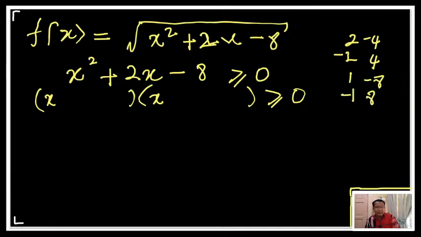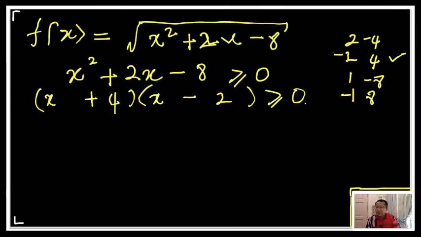Minus 1 plus 8 is 7, and 1 minus 8 is minus 7, so you will not get 2. But 2 minus 4 is minus 2, and minus 2 plus 4 is 2. So this is plus 4 and minus 2. This is the answer.